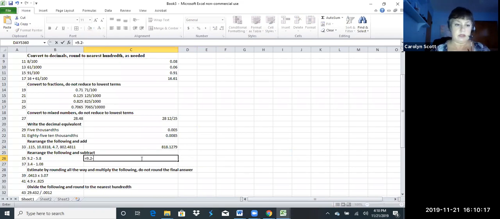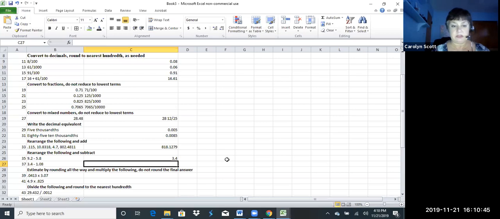9.2 minus 5.8 is 3.4. Because again, just like when you subtract whole numbers, if you don't have 2 minus 8, we have to make it 12 minus 8, and then that becomes 8 minus 5 to get 3. So it looks like we're going to also have to do kind of the same thing here.